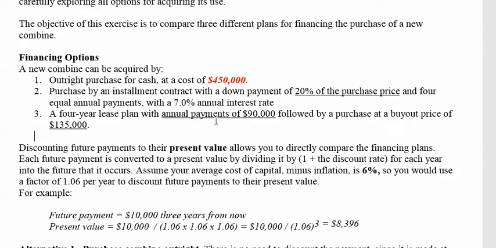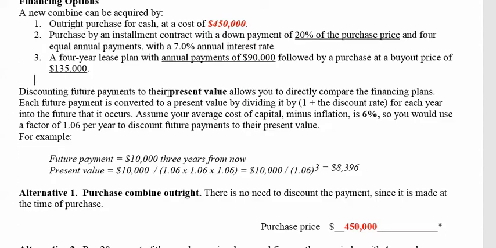So how do we compare these three options? Well, what we're going to do is discount our future payments to their present value. This allows us to directly compare the financing plans.